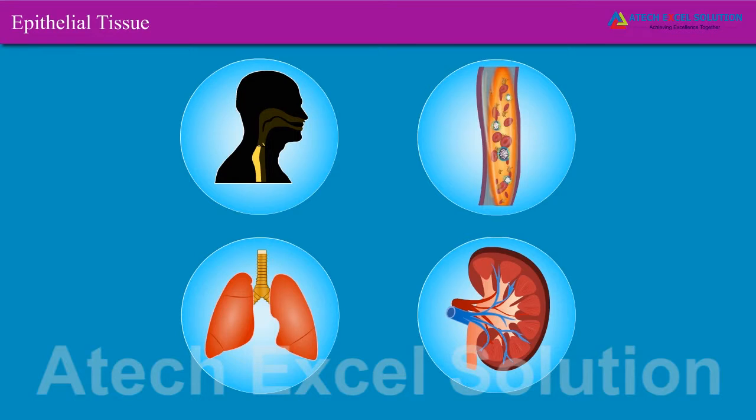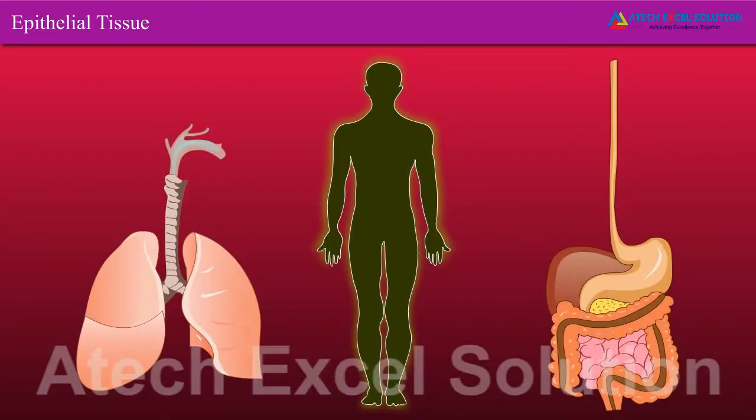Epithelial cells form the lining of the mouth, the lining of blood vessels, lung alveoli, and kidney tubules. Epithelial tissues help in absorption of air, water, and nutrients, and elimination of waste products.